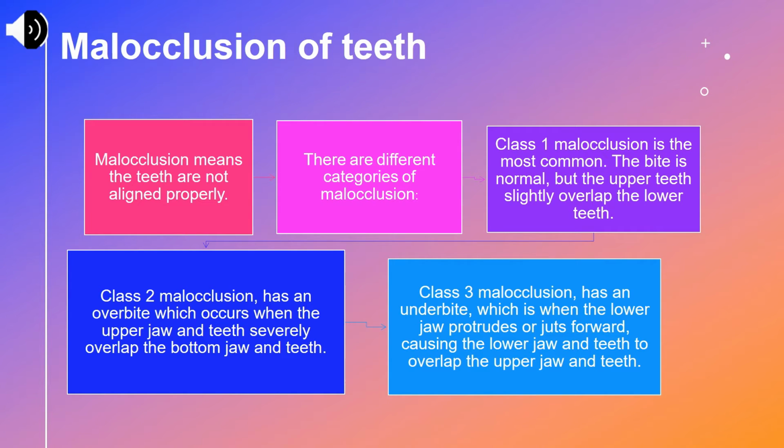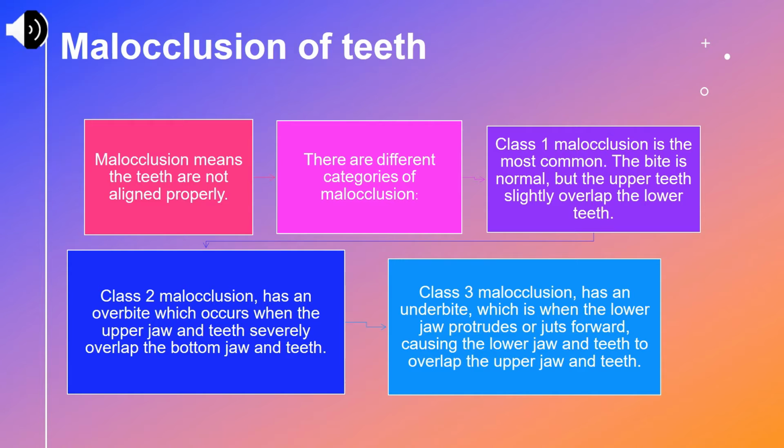A basic definition of malocclusion essentially means the teeth do not meet together correctly, which means they are misaligned. There are various different categories of malocclusion, and just to briefly outline them, we can term them as Class 1, Class 2, and Class 3. So Class 1, being the most common, is what we determine as a normal bite, where the upper teeth slightly overlap the lower teeth.